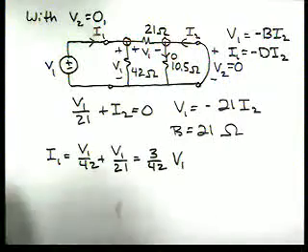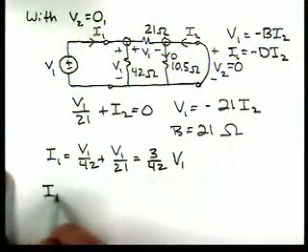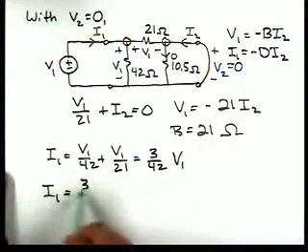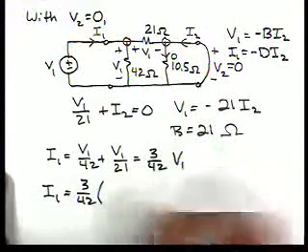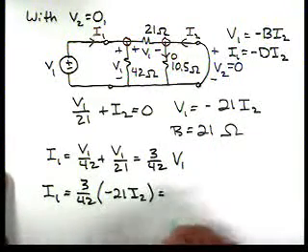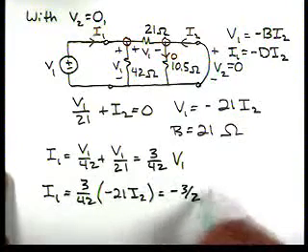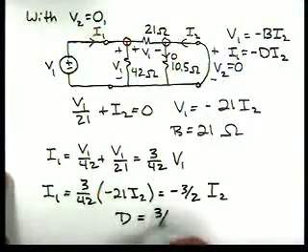So now we have this relationship between V1 and I2. So now I1 is 3 over 42 times minus 21 times I2, which is minus 3/2 I2. So then that tells us that D is equal to 3/2.